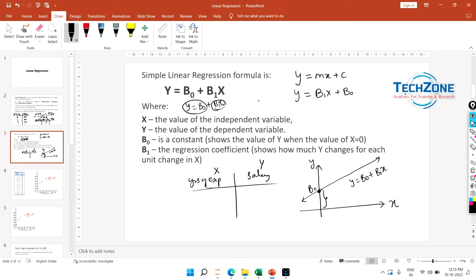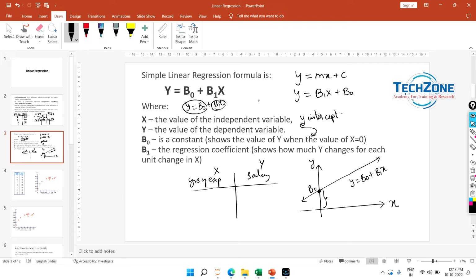This is also called the y-intercept. That means where is our straight line touching the y-axis? Our straight line is touching the y-axis at b0. So b0 is our y-intercept.